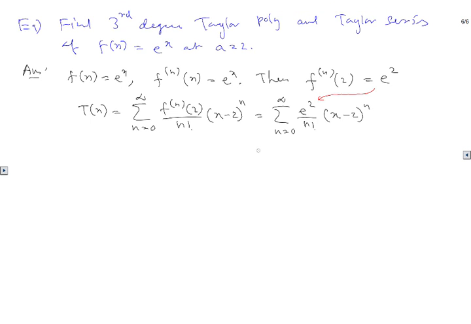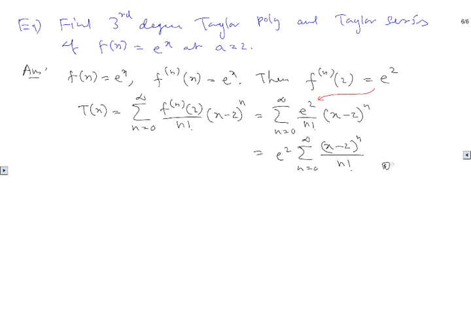You can pull e squared out because it's a constant, giving e squared times the sum of (x minus 2) to the nth power over n factorial. This converges everywhere, as is the case for the exponential function. So that's the complete series.